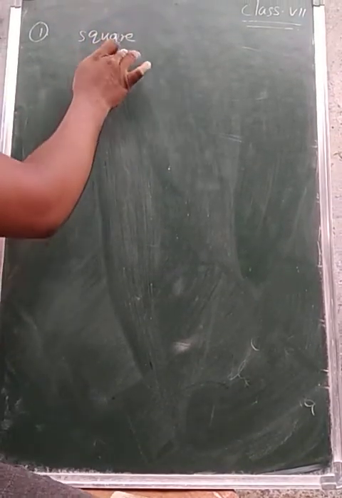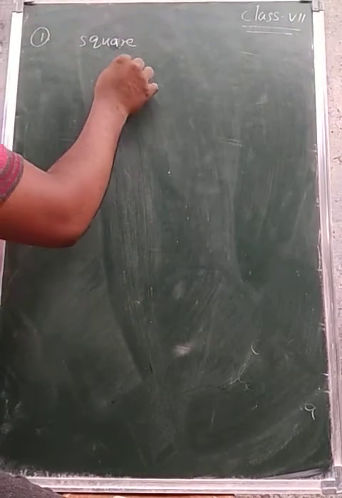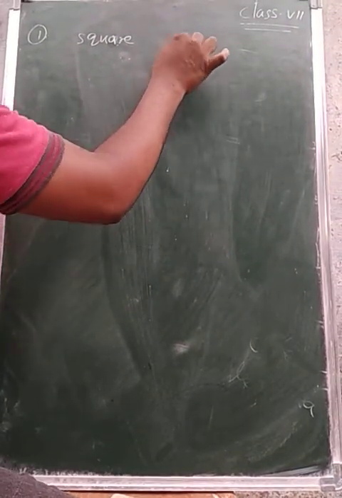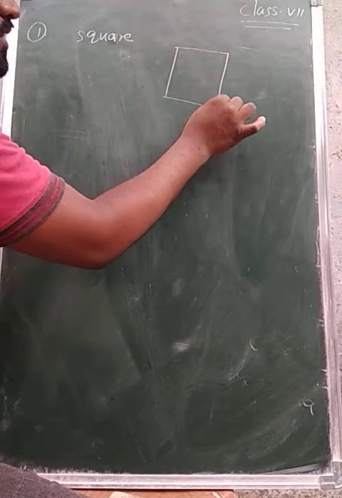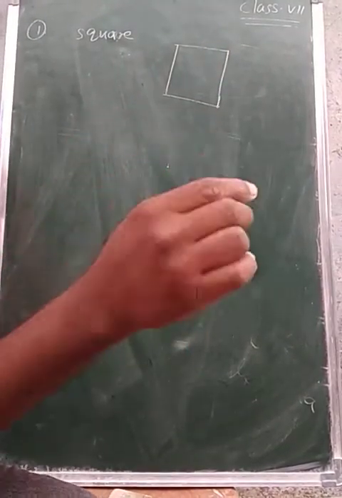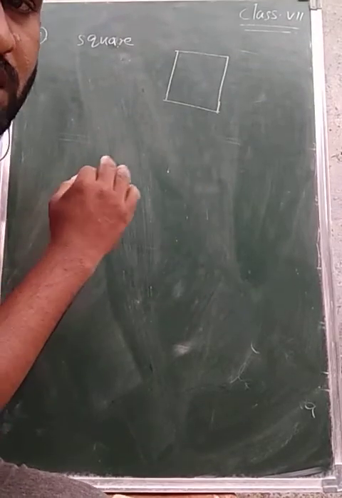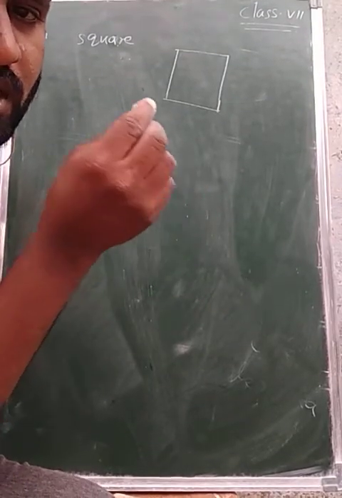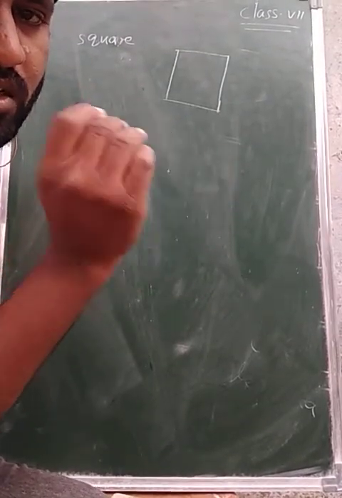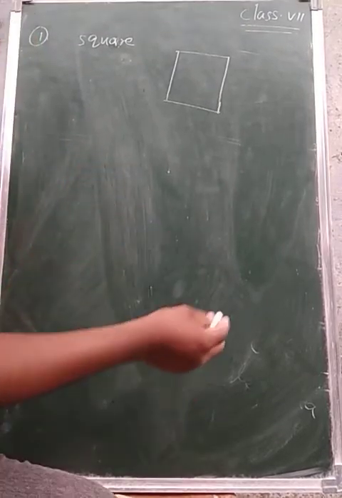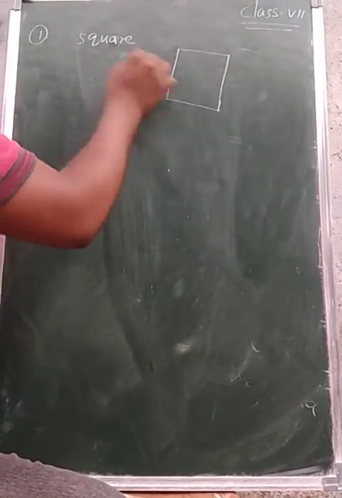Square is a plane figure. What do you know about a square? A square has all sides equal. Each angle measures 90 degrees and the diagonals of a square are equal.